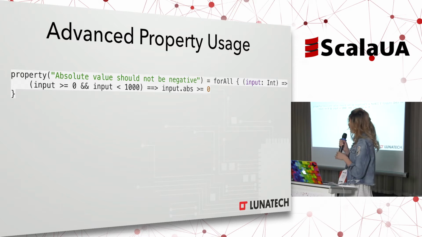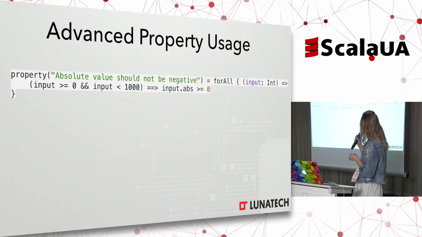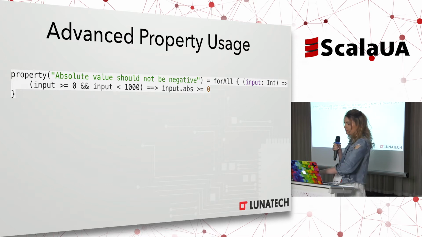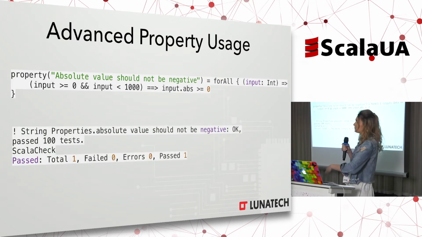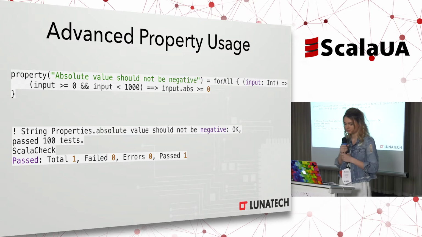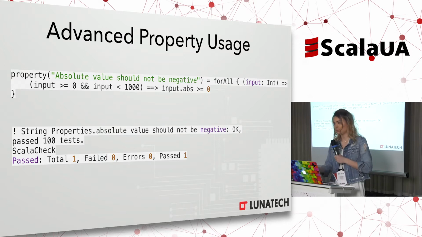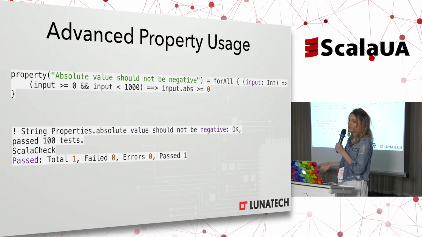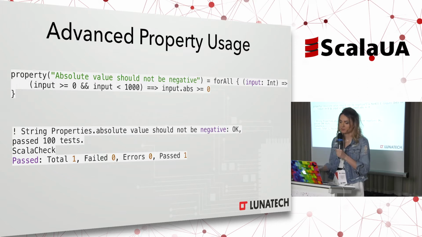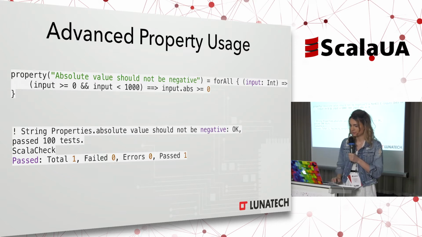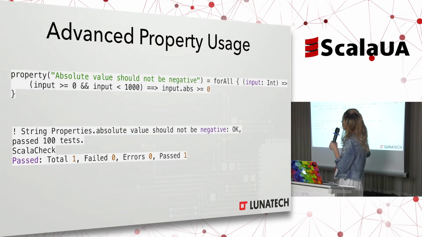So here we specify the range of our inputs, and obviously the test will pass because we don't have that corner case. But doing this is a bit dangerous because then you can miss and skip some cases that you would actually want to test. But if you're sure that in your implementation you will never use those corner cases, then why not?